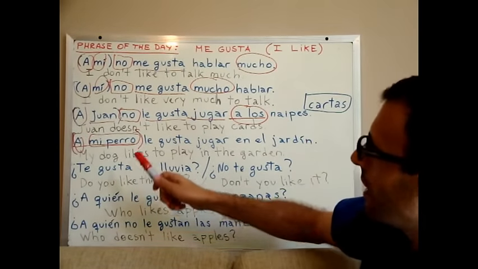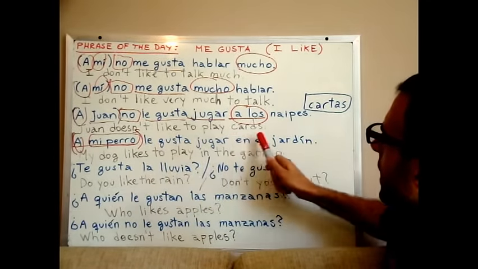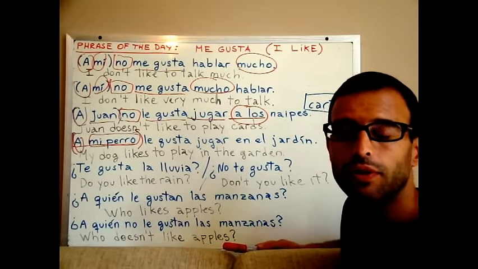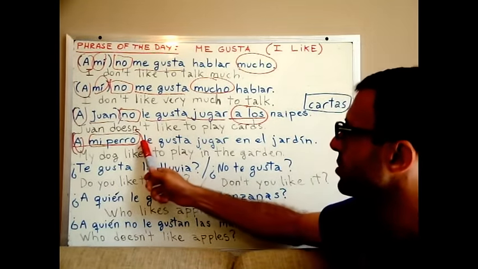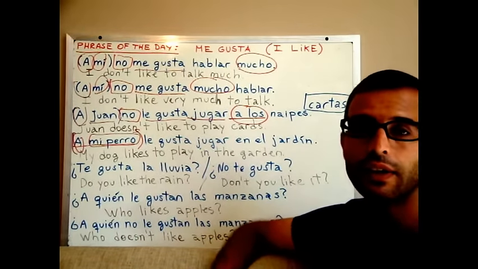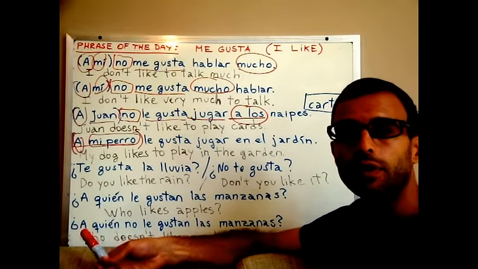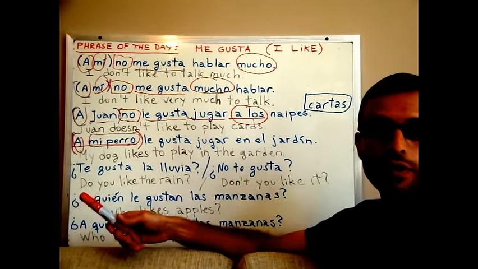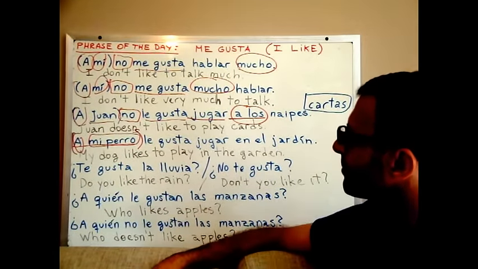We can simply say, le gusta jugar en el jardín. But then we are omitting information that can be useful, right? If we just say, le gusta jugar en el jardín, it's like saying he or it likes to play in the garden. But we are not specifying who it is. It's the dog, okay?